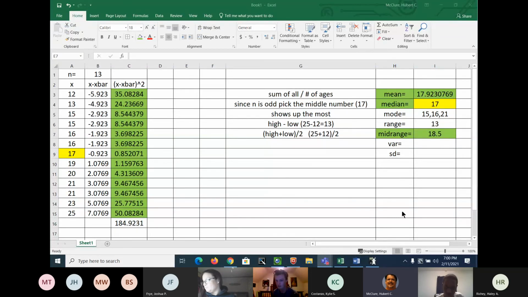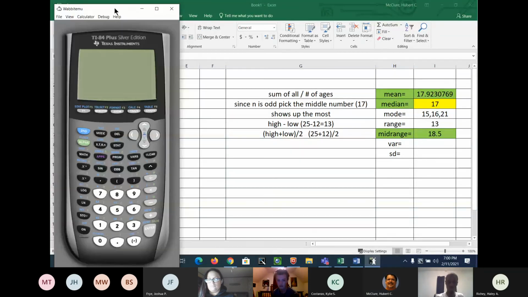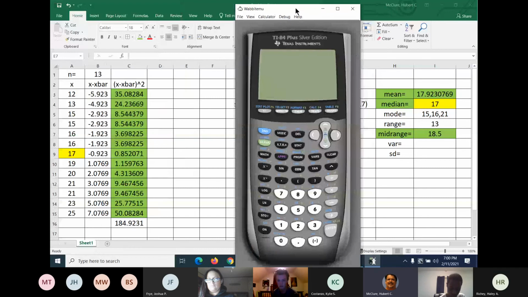That means no. So I'm going to go here and put 35.08. Now I'm just doing to the 10th, to the 100th, so I can do it quick. 24.24.